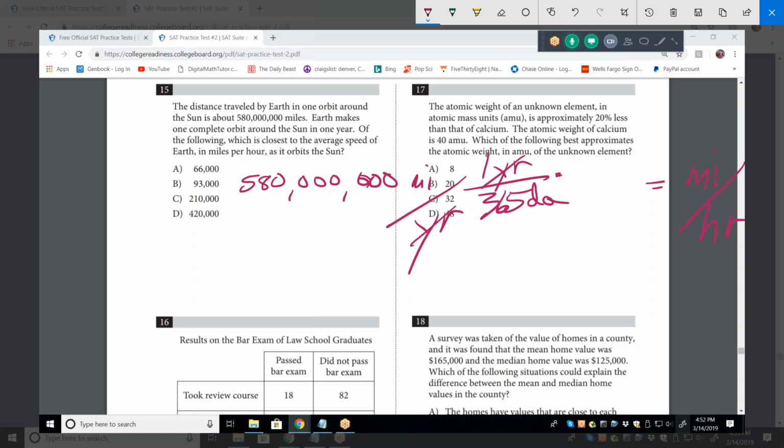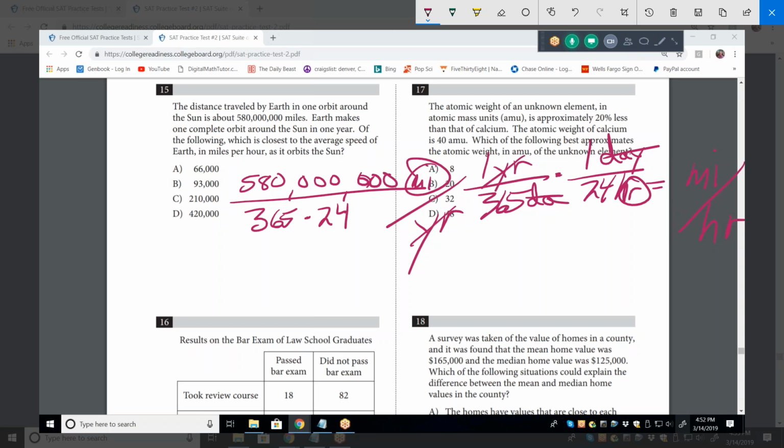So then you would multiply that by 1 over 24. Yeah, 1 day over 24 hours. These ratios work either way. You make them the way that gets rid of the old units. Now we have miles per hour. So it's this number divided by 365 times 24. Now this might be one where you actually need a calculator.